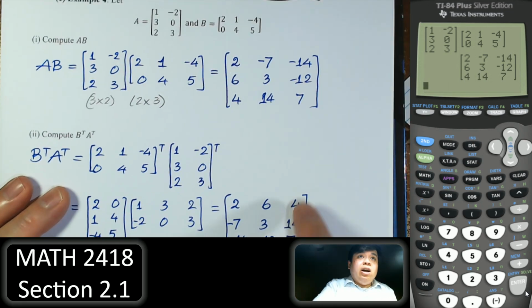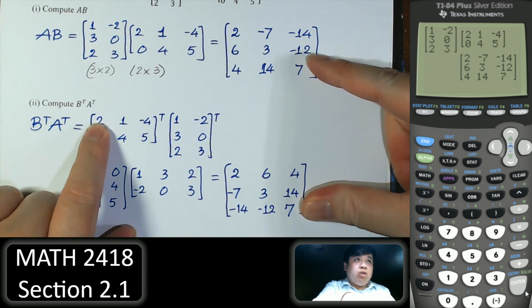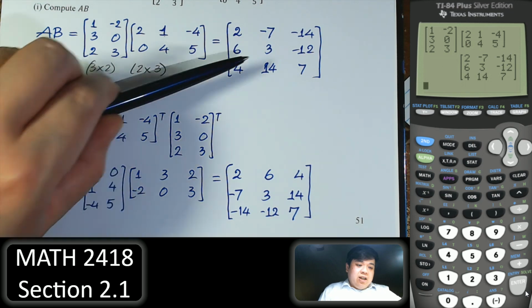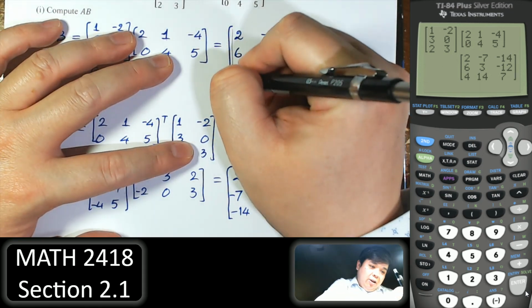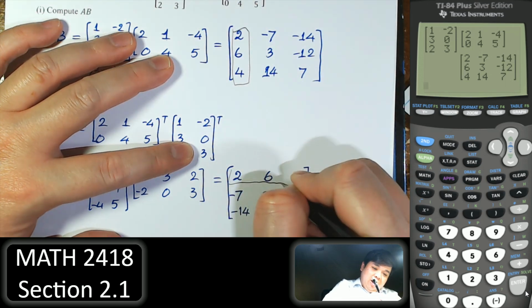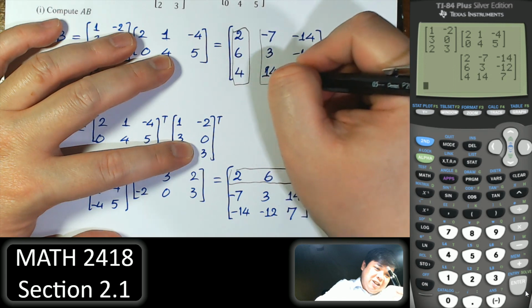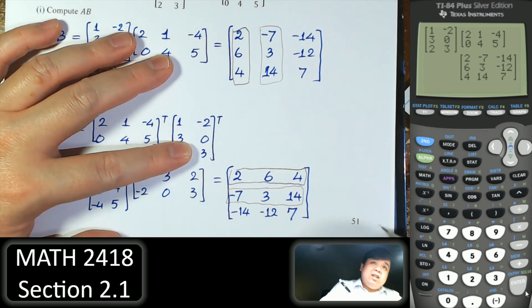Right. Now, what we see here is that A times B, this is B transpose times A transpose. Notice that these are the transposes of the others. Columns become rows.